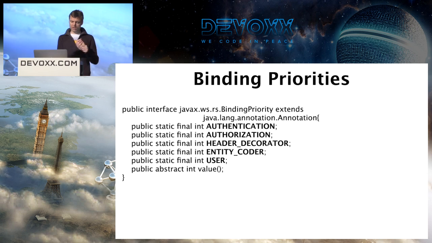What we have in the API now standardized is authentication, authorization, header decorator, entity coder, and user, and those are really just integer values. They don't have any meaning to the runtime. They are just used to sort the filters.